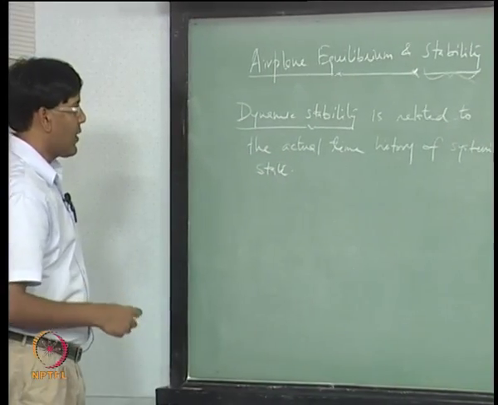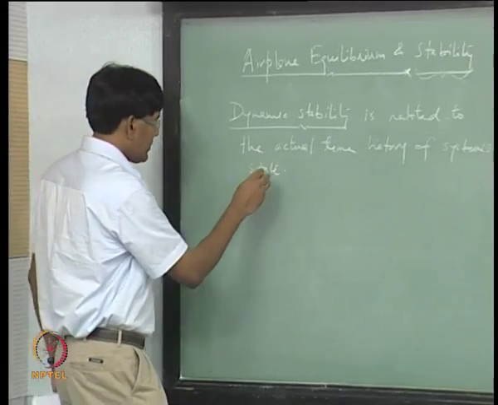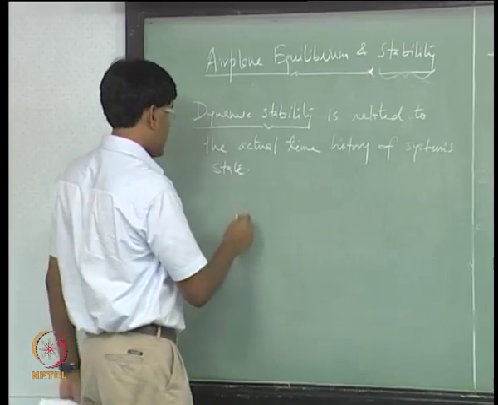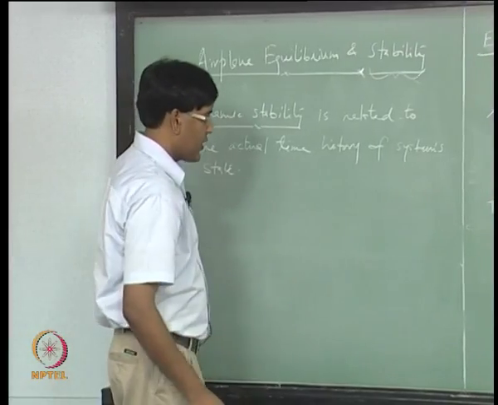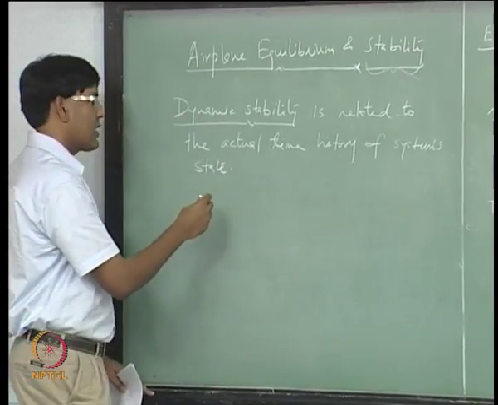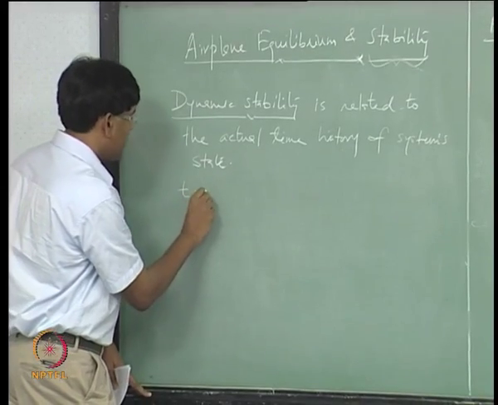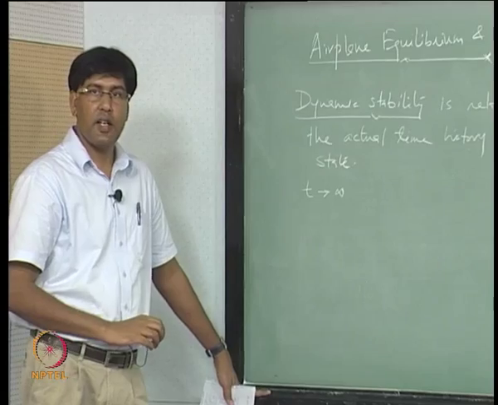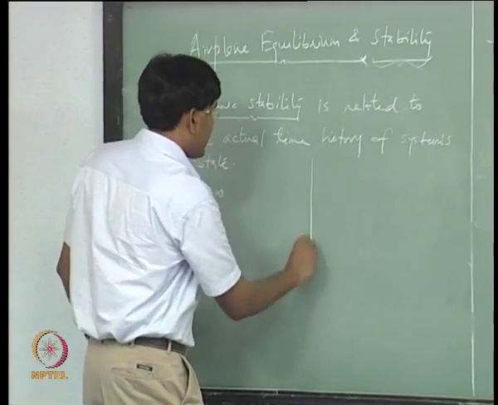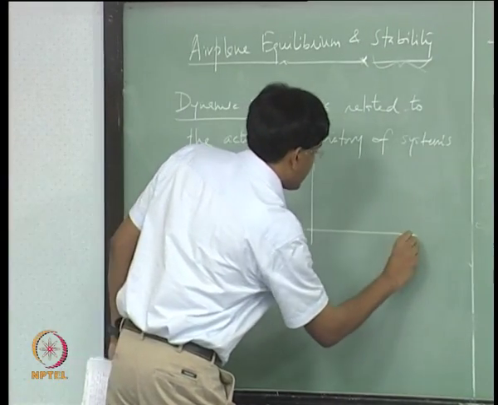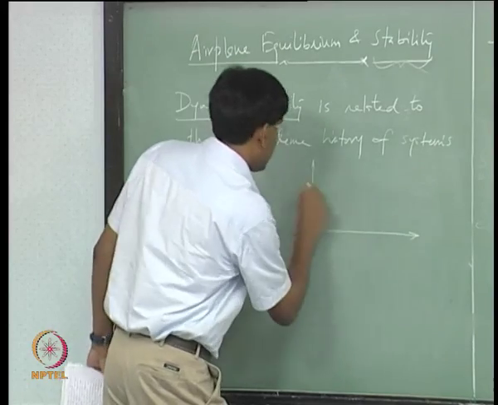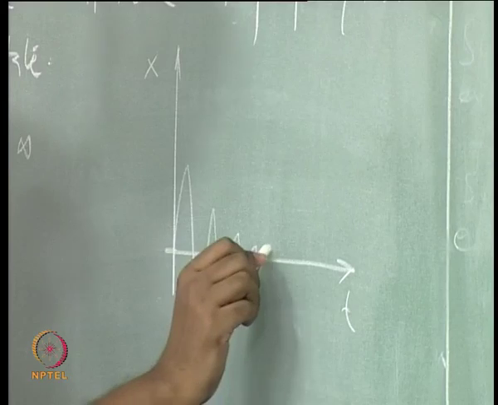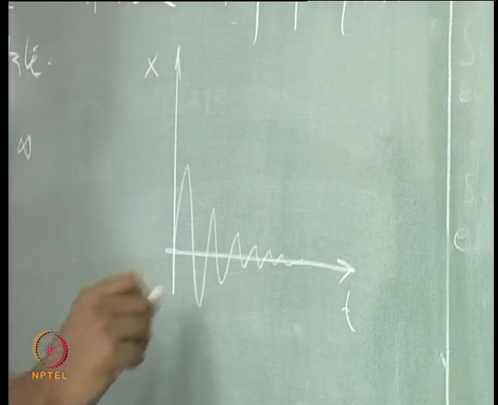So, what we do in this case, we look at the response, and we look at the response at time t going to infinity, and see if the system has really come back to its original equilibrium state or not.